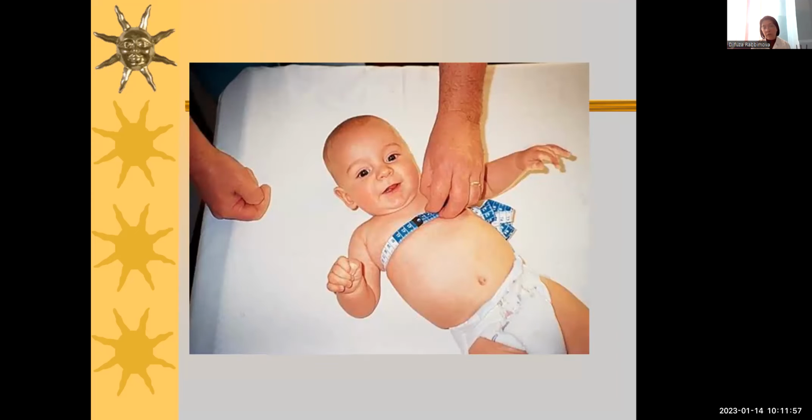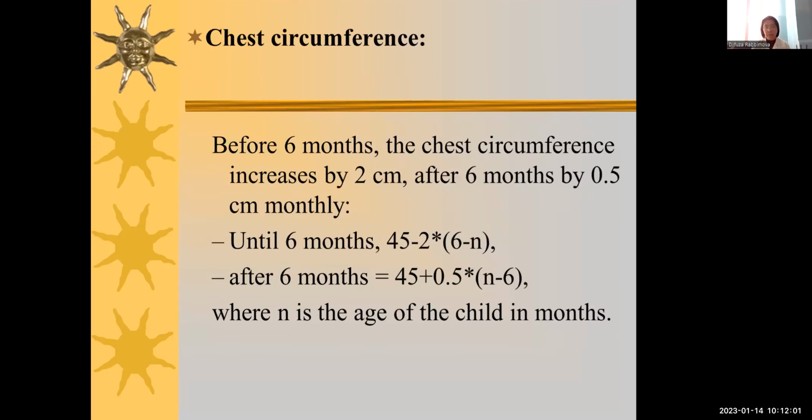Measurement of chest circumference and formulas. Before 6 months, the chest circumference increases by 2 centimeters. After 6 months, by 0.5 centimeter monthly. We have 2 formulas for calculation.